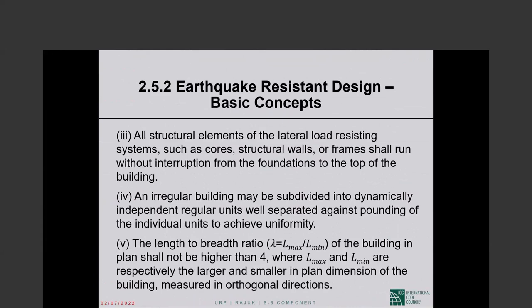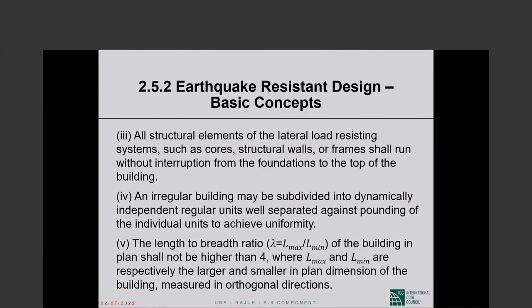All structural elements of the lateral load resisting system, such as cores, structural walls, or frames, shall run without interruption from the foundations to the top of the building. That again quite often does not happen.